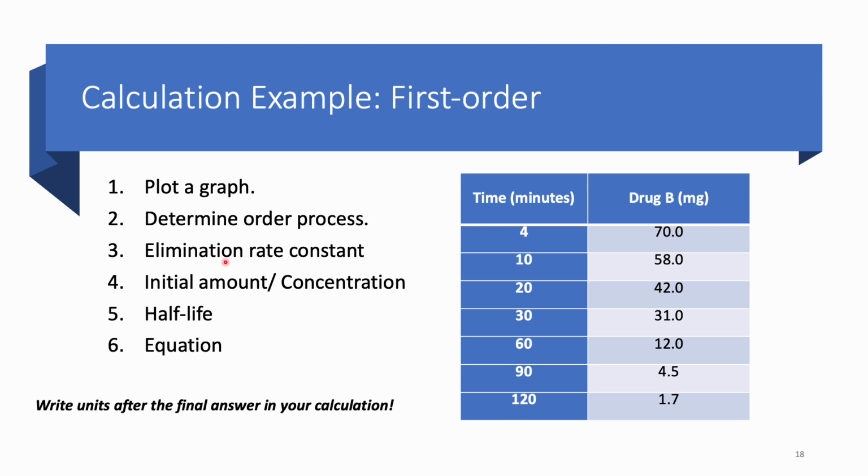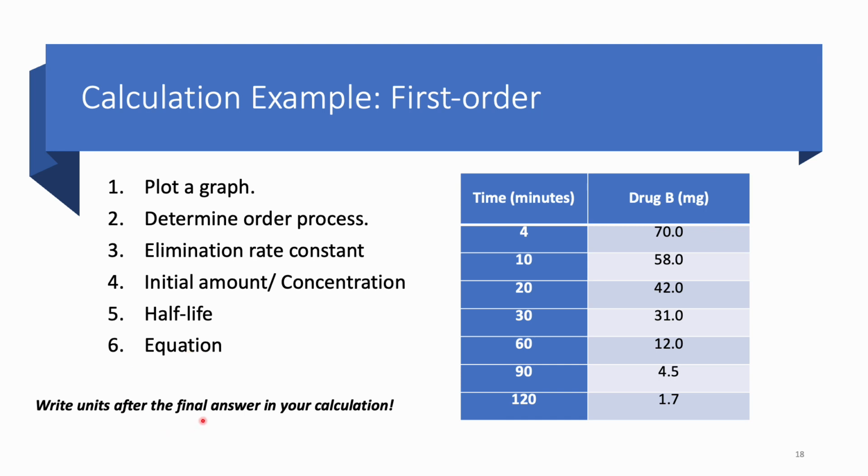Then you calculate the elimination rate constant, calculate the initial amount or concentration of drug in the plasma, calculate the half-life, and establish the equation for predicting the drug amount or concentration at a certain time t.